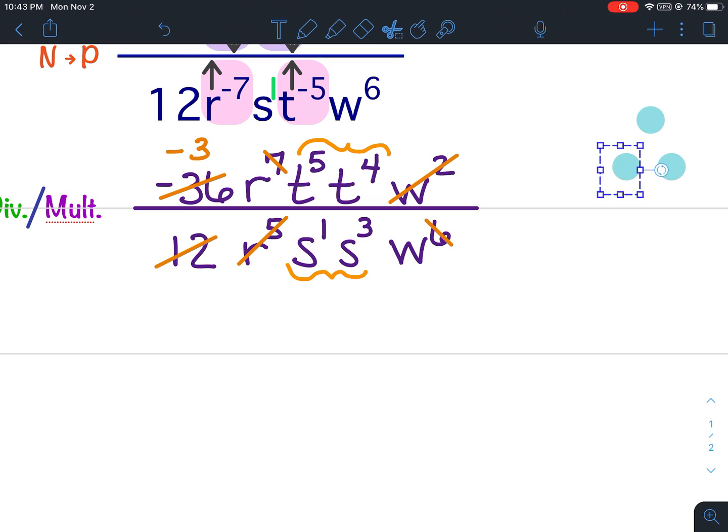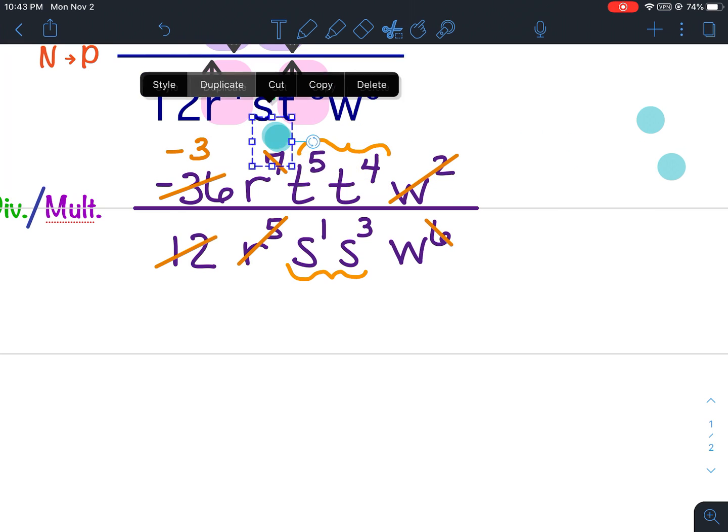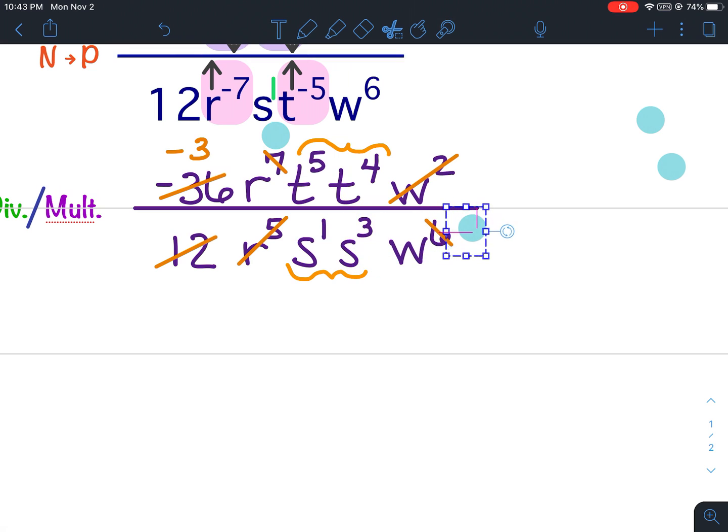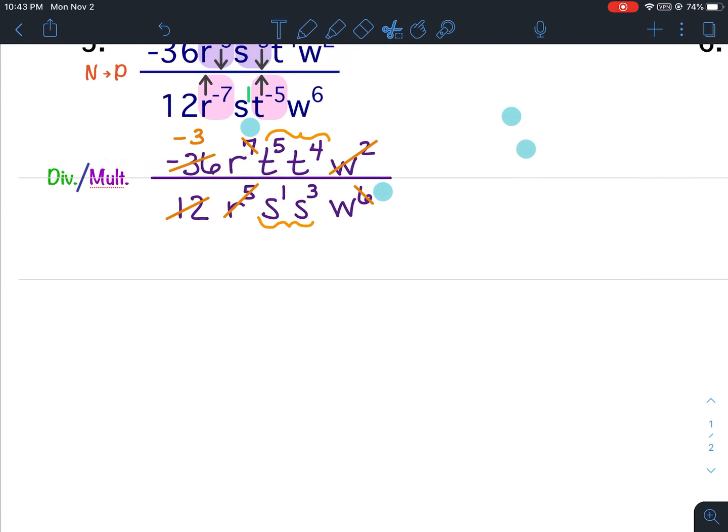So again, you will need to find this exponent here and this exponent here. You also need to find what the exponents will be for the t and the s.